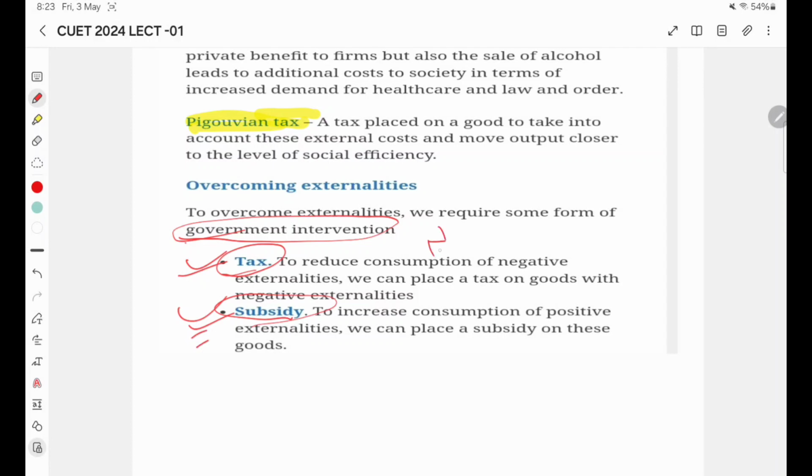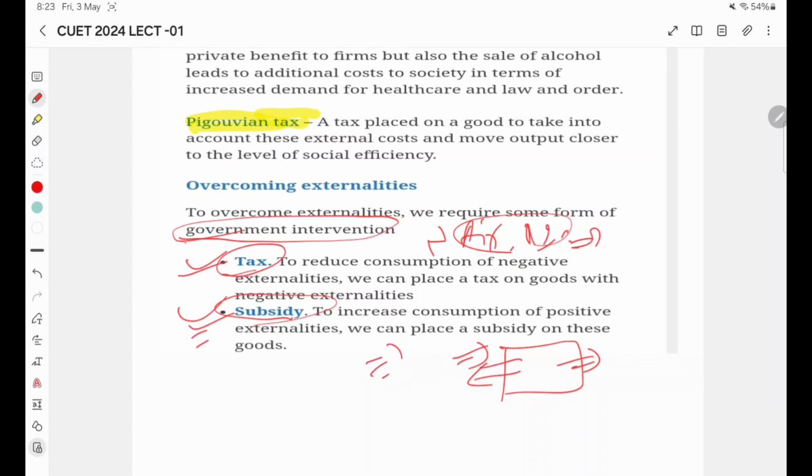The best example is different types of air pollution and water pollution, for which the government is making arrangements through the taxation system, and those who are generating positive externalities like solar panel use, electric vehicle use, the government is providing different types of subsidies.